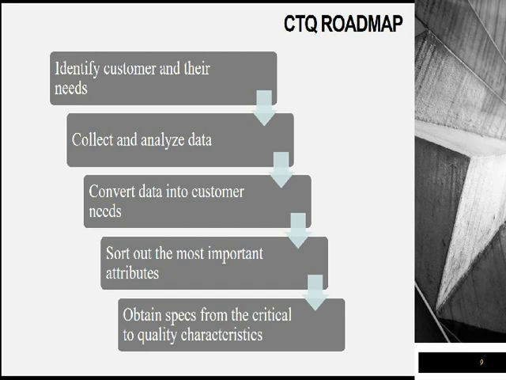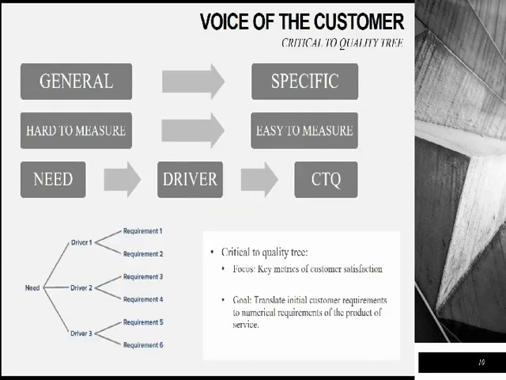All this stuff could be done by a tool called CTQ tree that we're going to see right now. We're going to talk about one of the most amazing elements that helps a lot during this phase. And more than a tool, it is a link between the company and the customers, transforming general data into specific and even something hard to measure to something easily measured.